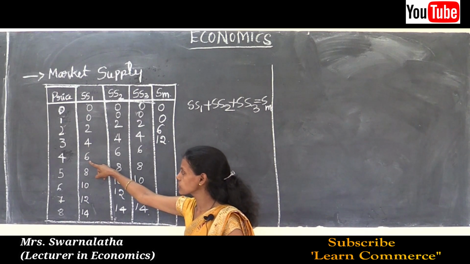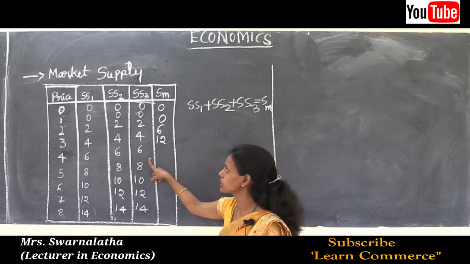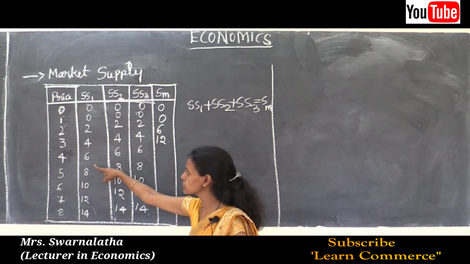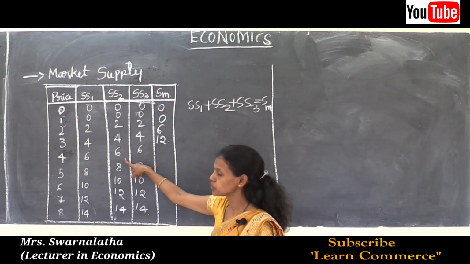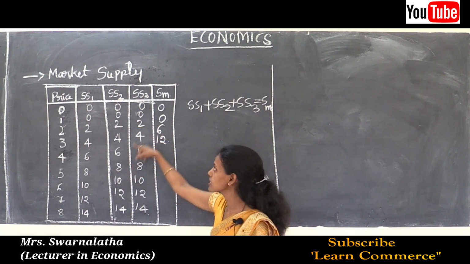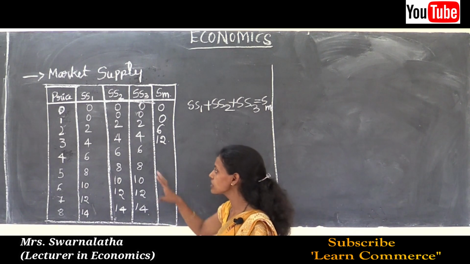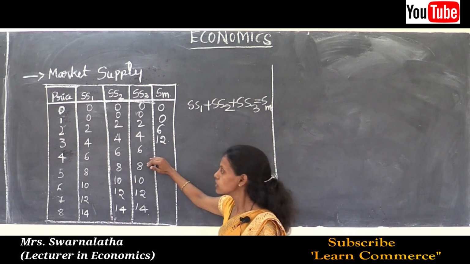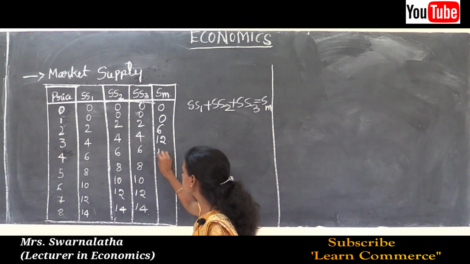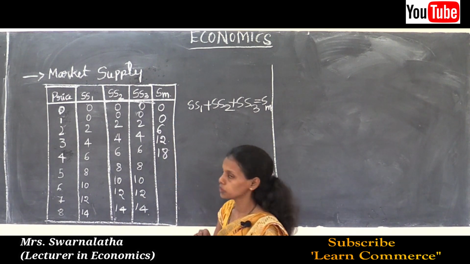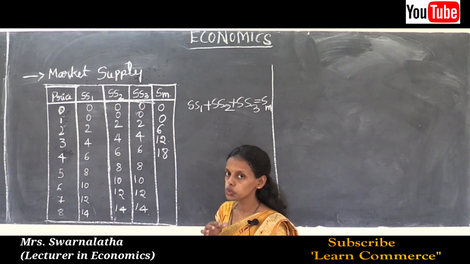Again there is 6 units, so respectively SS1 produces 6 units, SS2 means firm 2 produces and supplies 6 units, firm 3 produces and supplies 6 units respectively. So the overall market supply is 18 units. Supply is calculated in units.